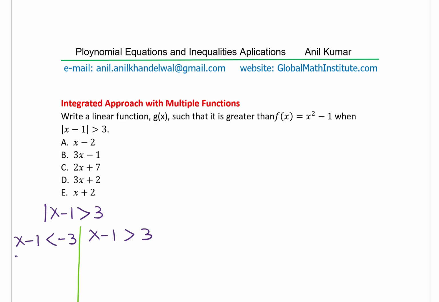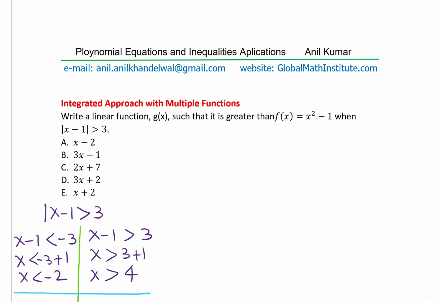So solving, we get x is less than minus 3 plus 1, or x is less than minus 2. Here we get x is greater than 3 plus 1, or x is greater than 4. So clearly we have our interval now. Let me use the space here.